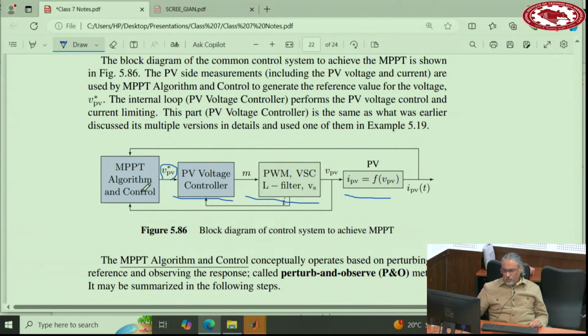Then I need an algorithm that finds this one for me. And that algorithm basically can use the current and the voltage of the PV, and based on current and voltage finds how much this voltage should move back and forth. It cannot find it immediately, but from the history of these two, current and voltage, it can find out.